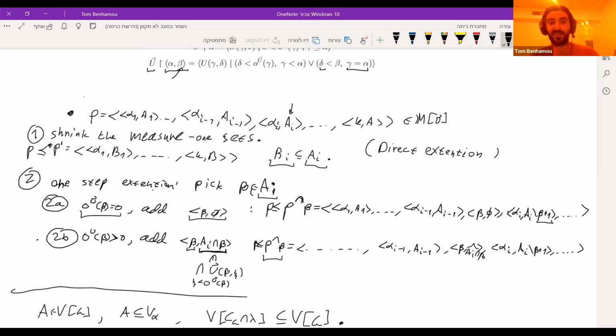This is not just a technical thing. And we will assume that in this dense subset of MU, every beta in the set of candidates is a reflection point of this large set AI.